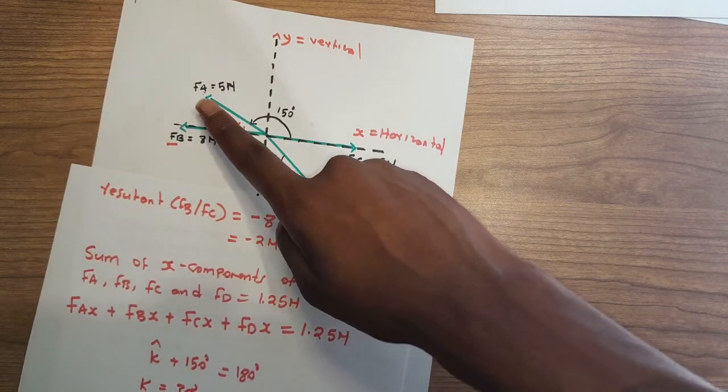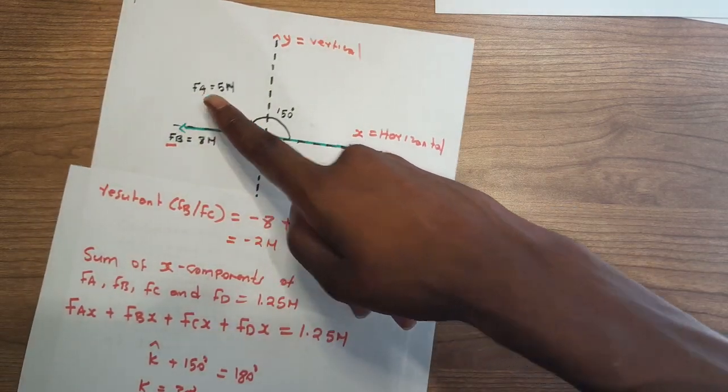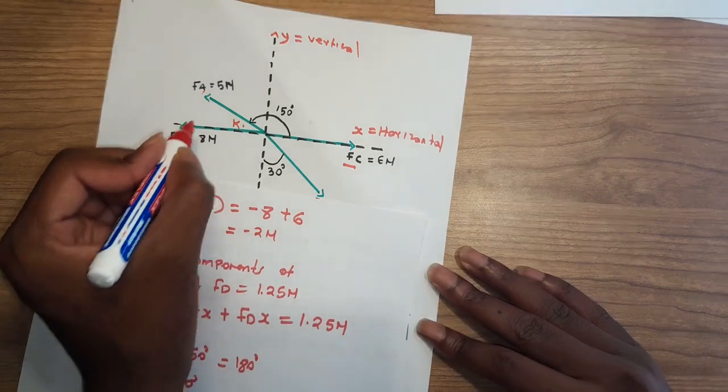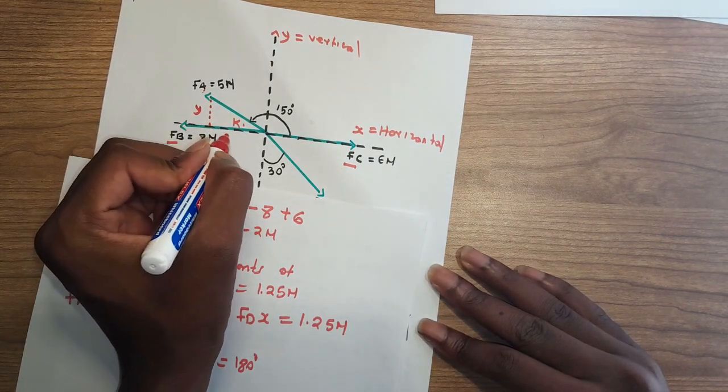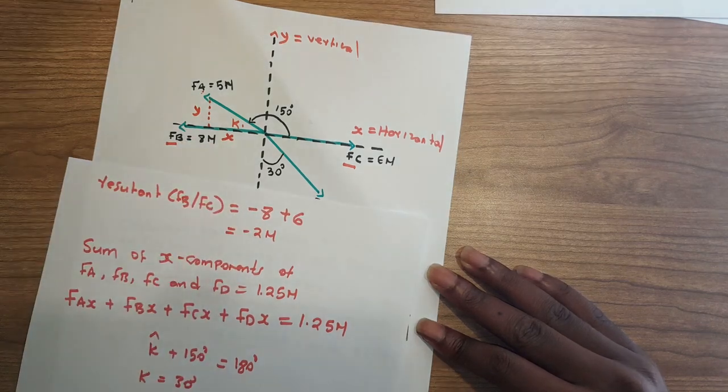So how can I find the x component of FA? Well, if you construct a triangle, this is going to be y and this is going to be x, isn't it? And we know that K equals 30 degrees.